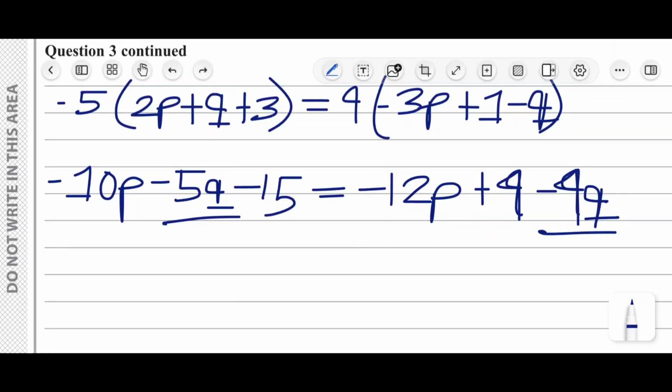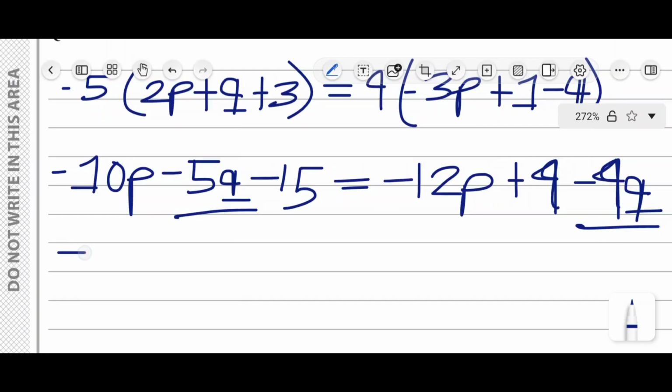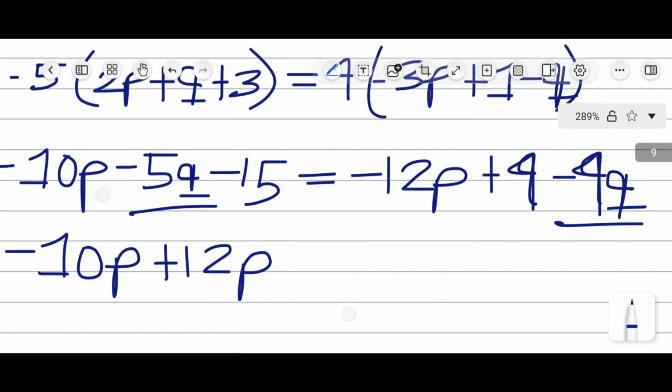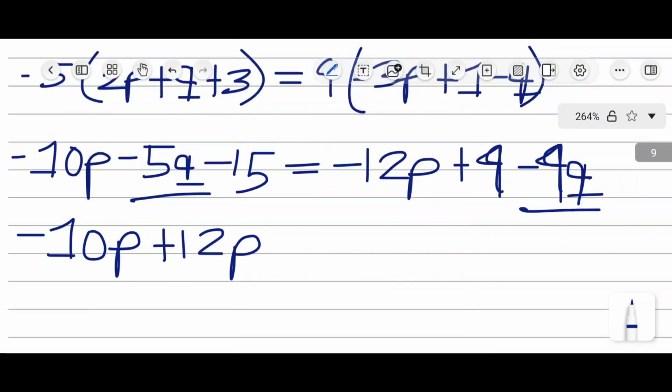If I change the side, minus 10p becomes plus 10p, and 12p goes to the other side. Then we have minus 5q and minus 4q.